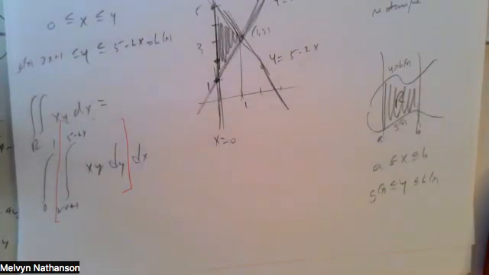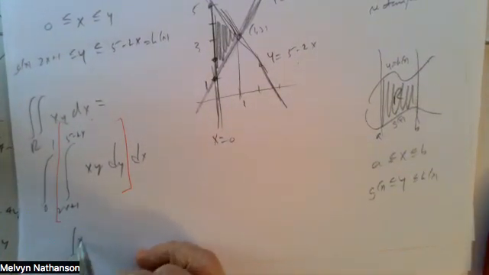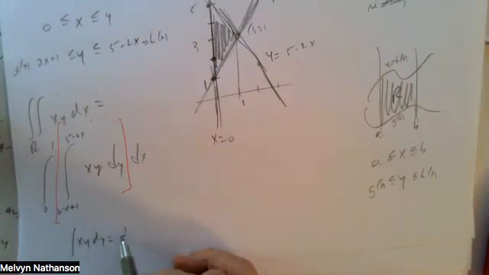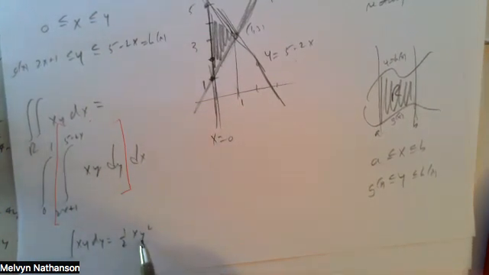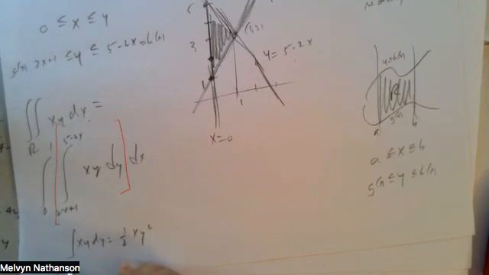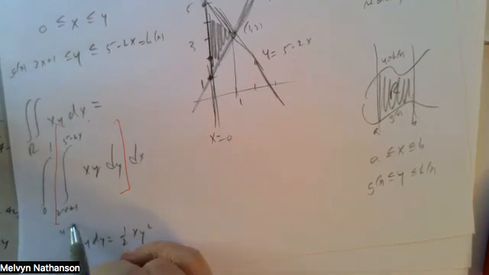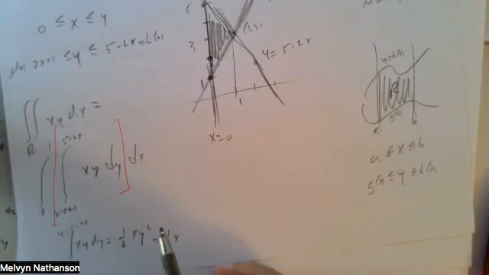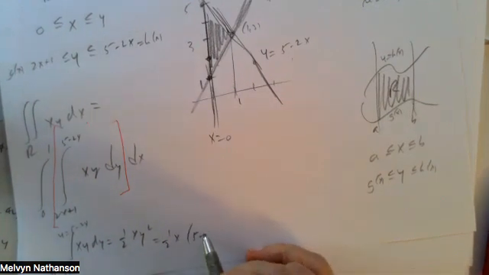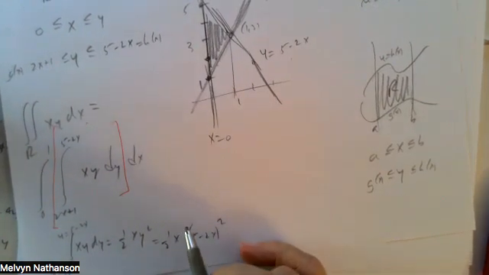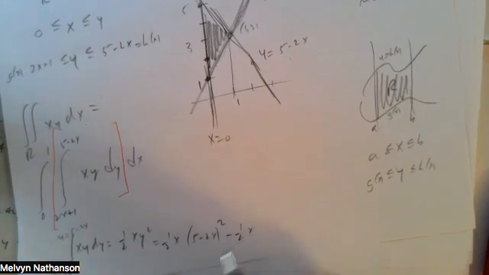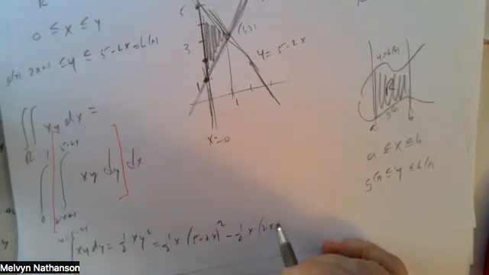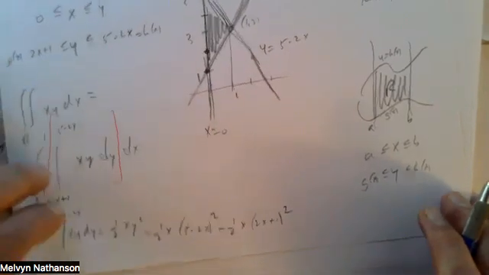Let me do that. So the integral of xy with respect to y is 1/2 x y squared. Right? If you take the partial derivative of this with respect to y, you get xy. And we're integrating from y equals 2x plus 1 to y equals 5 minus 2x. So this is 1/2 x y squared, (5 minus 2x) squared, minus 1/2 x, (2x plus 1) squared.